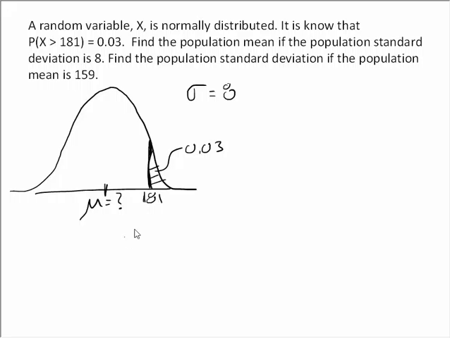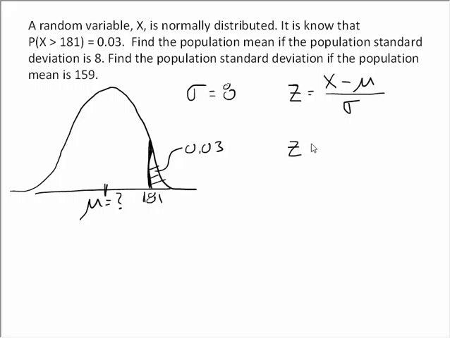All right, what are we going to do? Well, we're going to use our definition of the standard normal variable, z being x minus the population mean over the population standard deviation. Let's fill in what we know. We don't know z yet, do we?